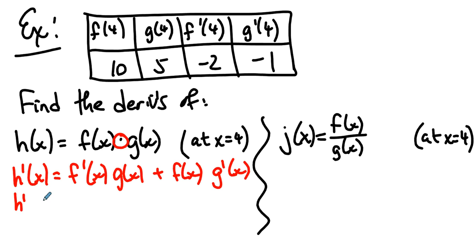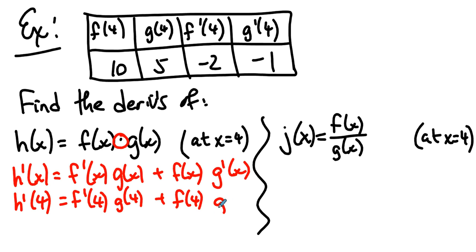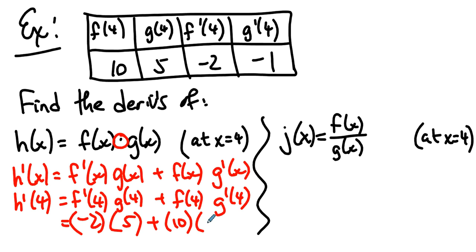So h prime at 4, that's f prime g plus f g prime. Well, f prime of 4 is -2, g of 4 is 5, f of 4 is 10, g prime of 4 is -1, that's -10 minus 10, that's -20.